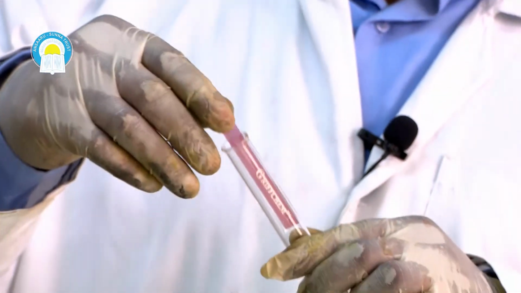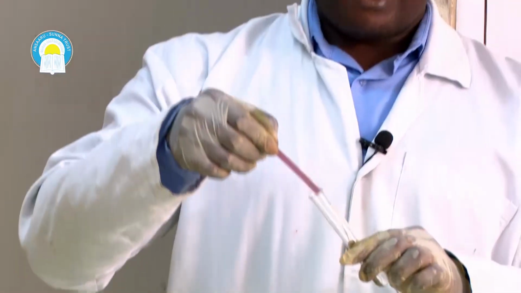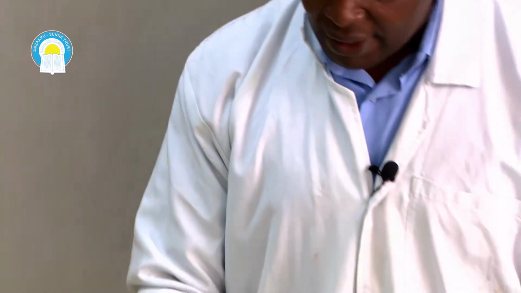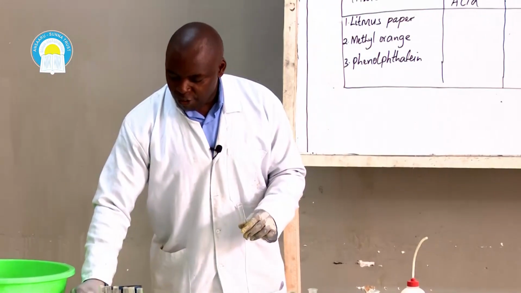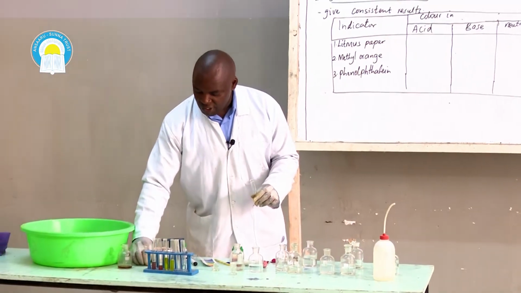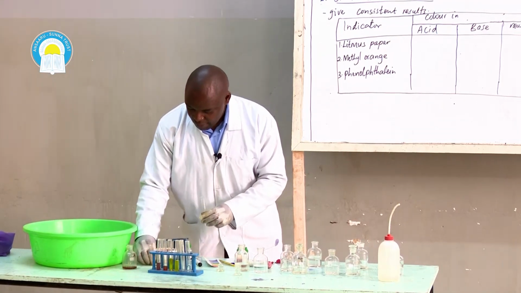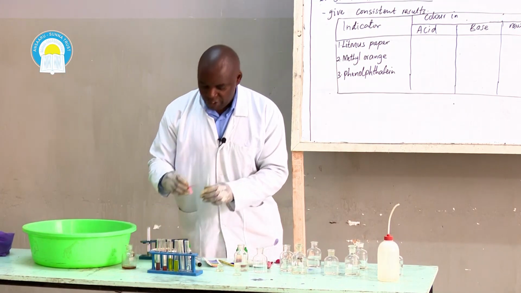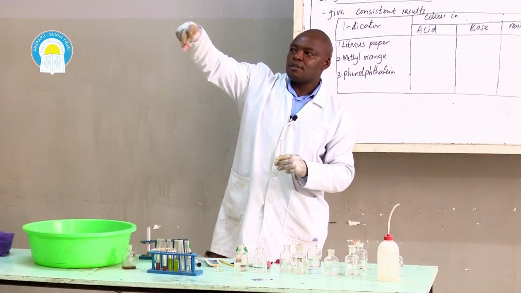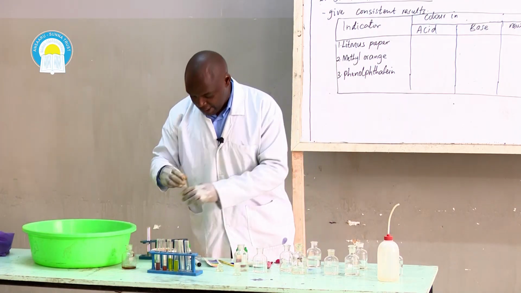Yeah, you can see the litmus paper has turned red. So it means that if the solution is acidic, the litmus paper will turn red.